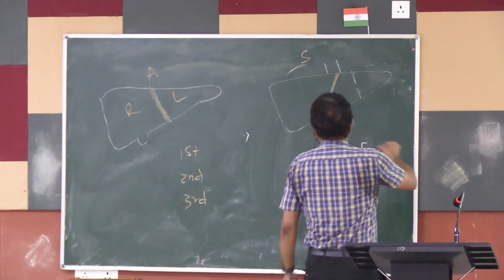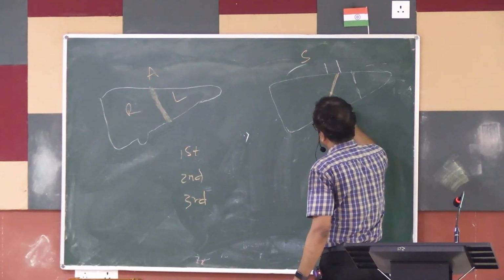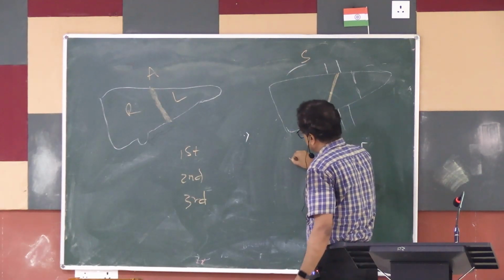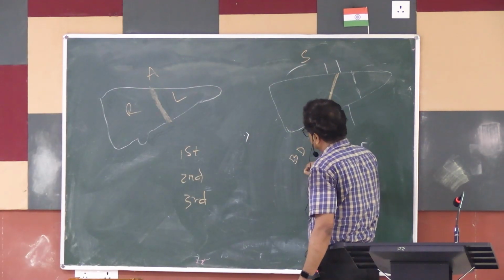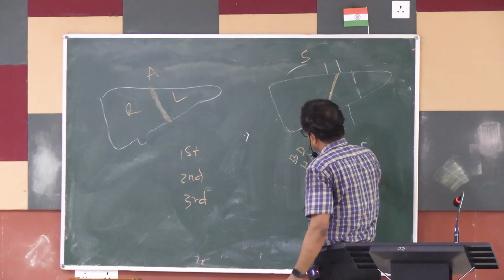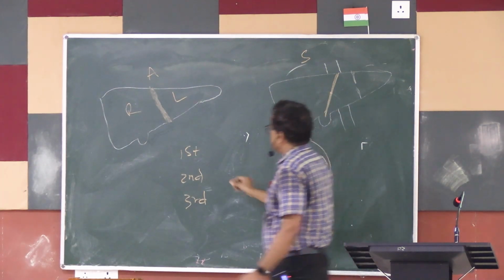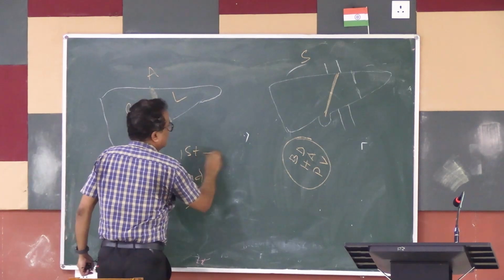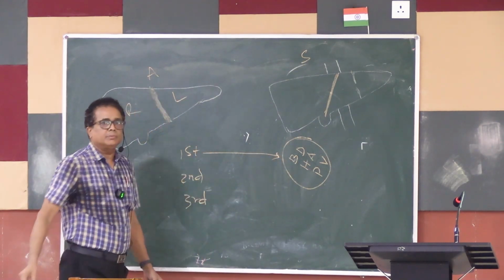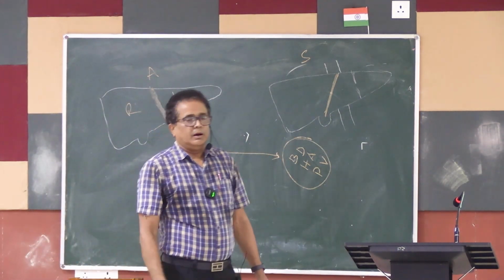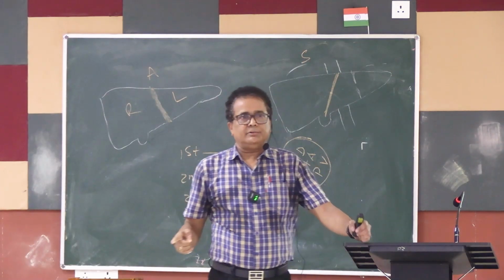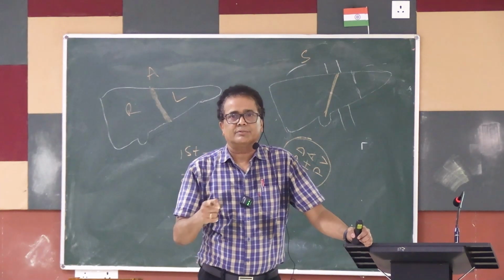In each lobe, as you have learned in the porta hepatis, there are three structures: the bile duct, the hepatic artery, and the portal vein. So the first division actually contains all three of them. That means they have their independent arterial supply from the right and left hepatic arteries.